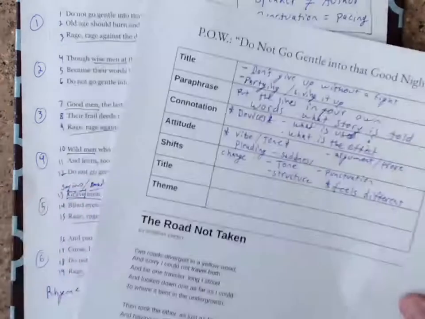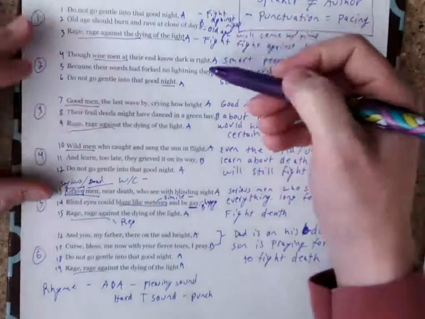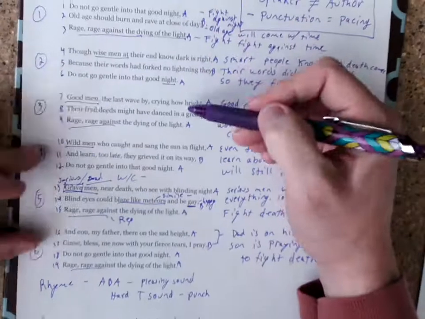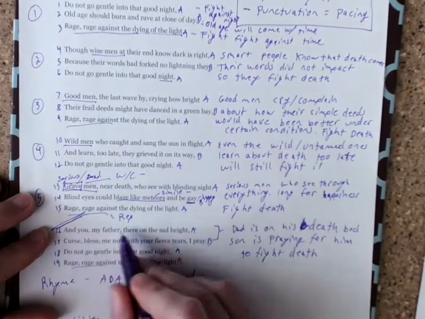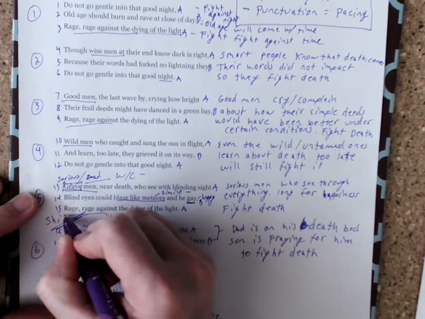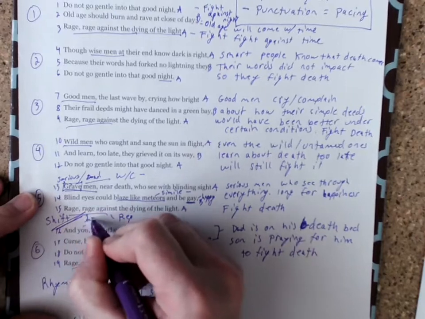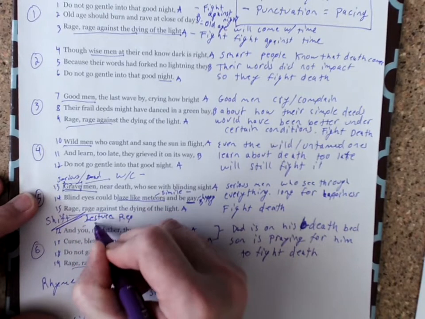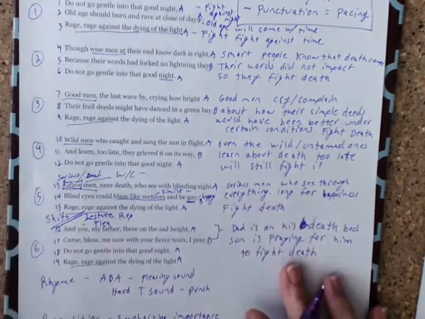Okay. So if I take a look right here, these all sound very pleading, but it's right here that I notice this bigger shift. "And you, my father." It's the only one that doesn't start with the type of man. So I see a shift here. It seems to shift from a lecture to a plea, a cry for help, like "please help me."